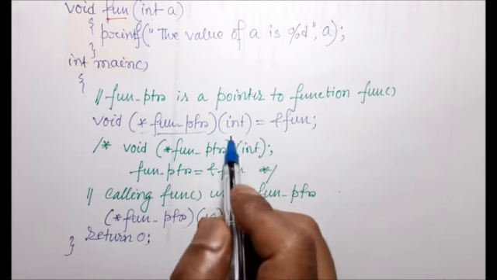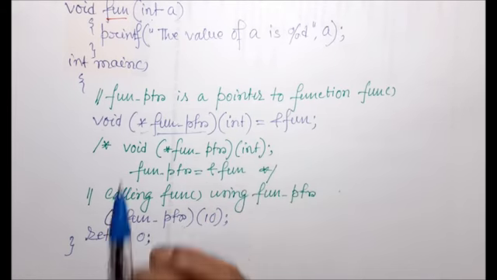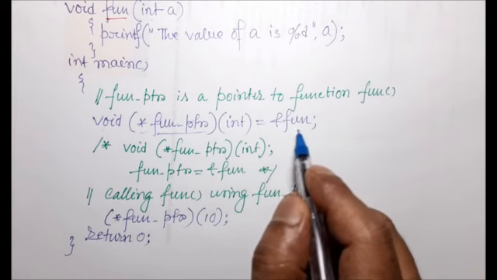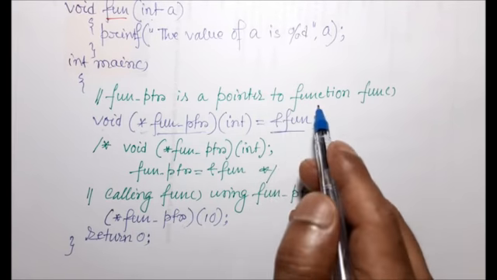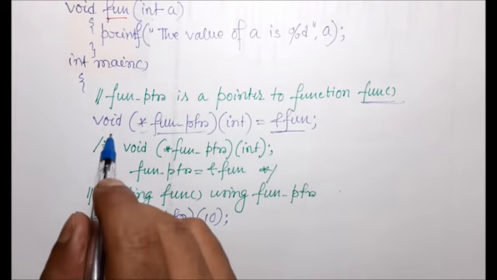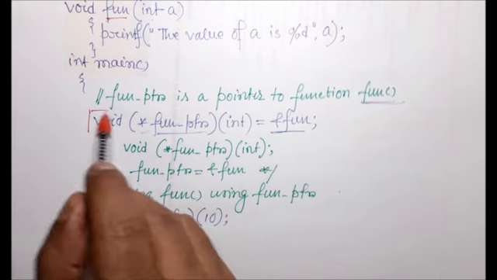So it is a pointer to function fun, because I have just assigned the ampersand of fun, and the return type of this function is void. So that is the complete declaration of a pointer to function.